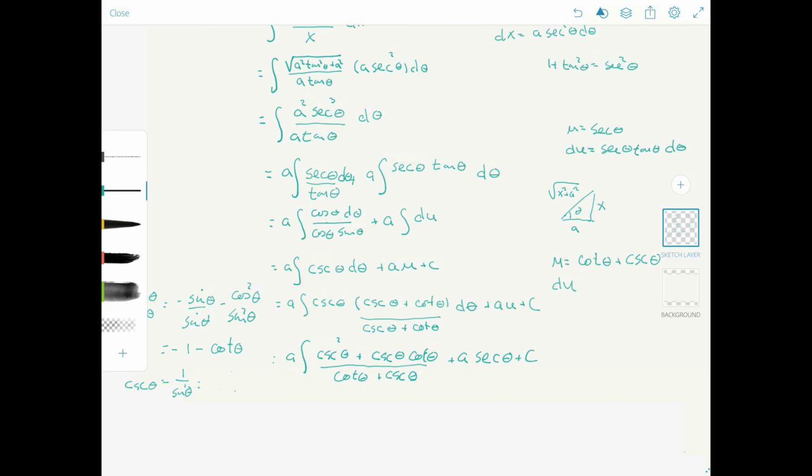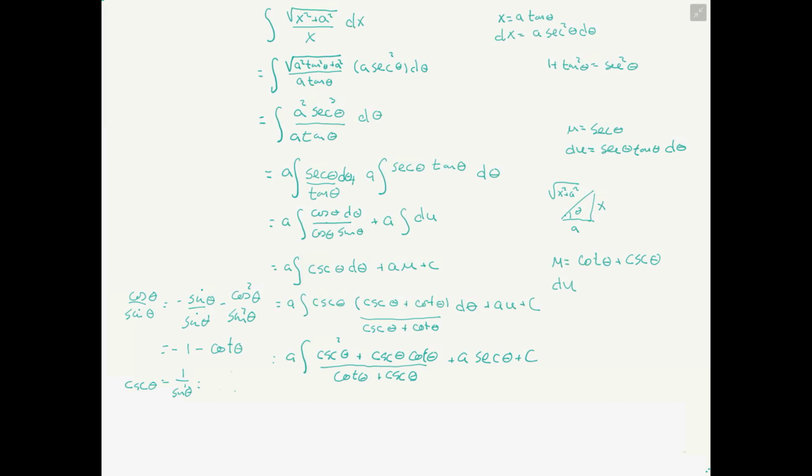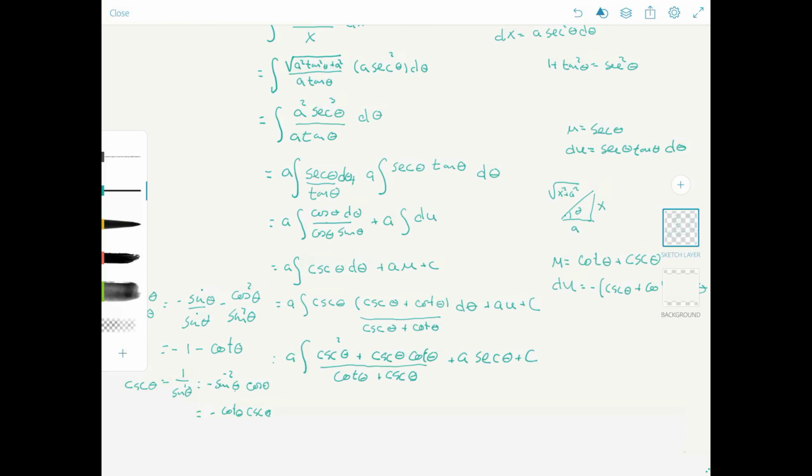Let's be careful here. So this is equal to minus cosecant theta plus cotangent theta d theta.